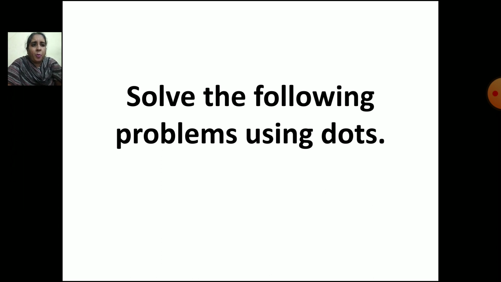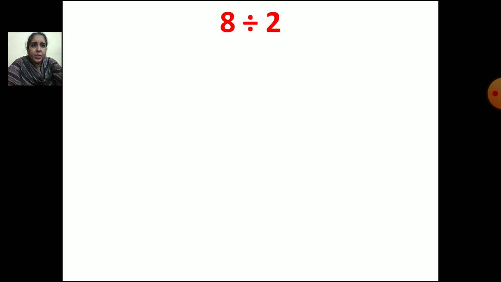Solve the following problems using dots. Now see the question. It is 8 divided by 2. Now this is the sum of which operation? Division. But we are not going to use actual division to do the sum. We are going to solve this problem by using dots.